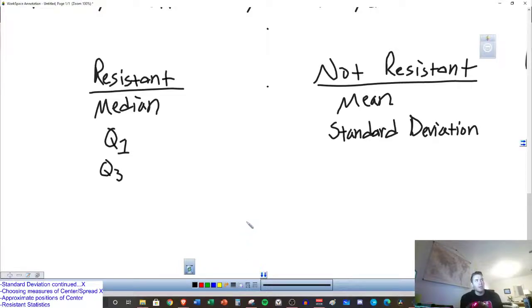What do we calculate with Q1 and Q3? Well, that would be the IQR, which is used for measuring spread. So I'll put that in front of spread. Not center, but spread. That's why we use IQR for distributions that are skewed or have big outliers, because those Q3 and Q1 don't change.